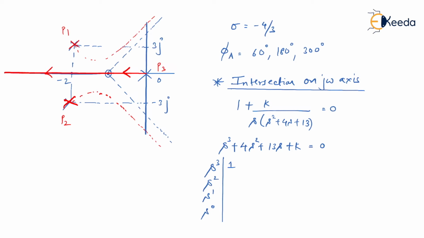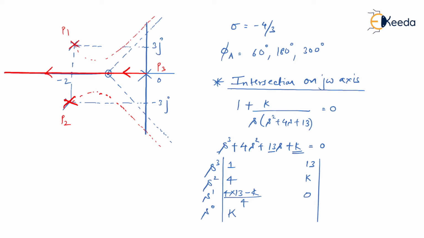The first coefficient is 1, then the next coefficient is 13, and thereafter the remaining coefficients, which are 4 and k. The next coefficient I can calculate: it is (4 into 13 minus k) divided by 4, then this is 0, and the last element, the s0 element, is k.